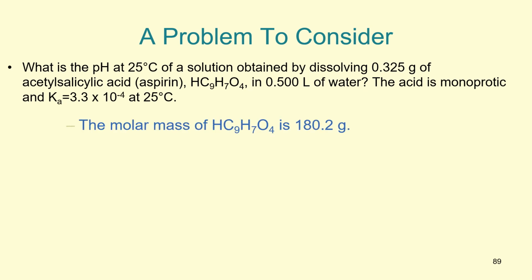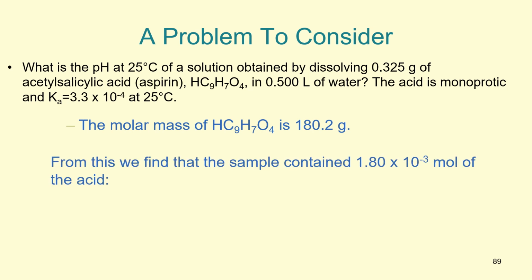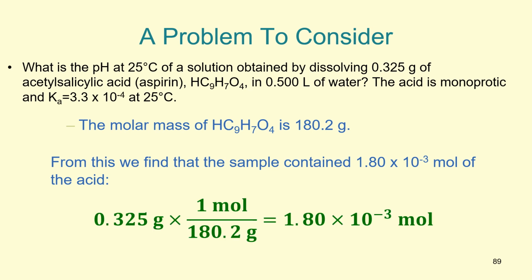It's the same basic problem. We just have to do a little more finagling here at the beginning. So we know the molar mass of aspirin is 180.2. So we can find 0.325 grams divided by 180.2 gives us 1.8 times 10 to the minus 3 moles.